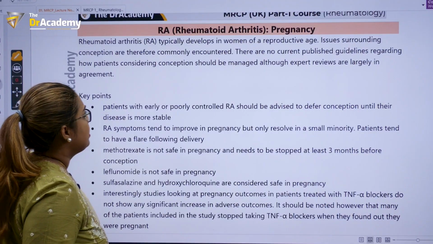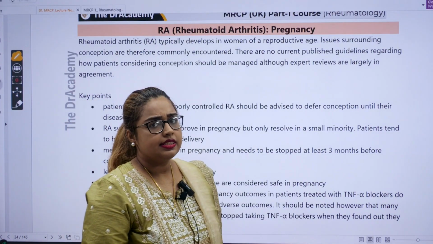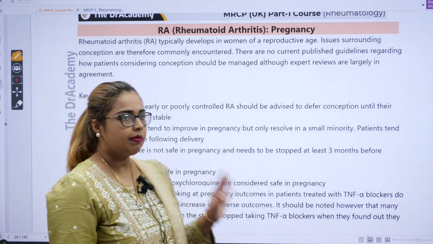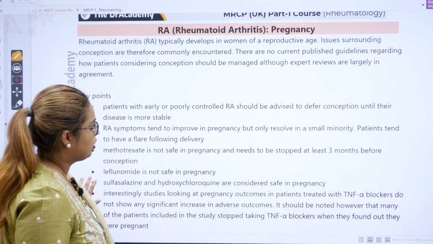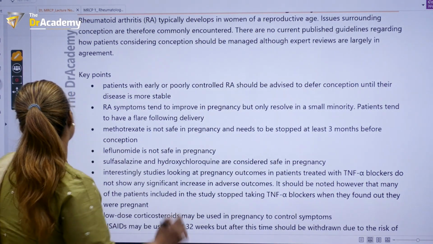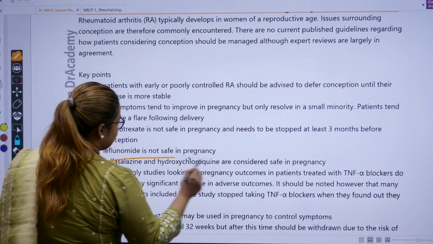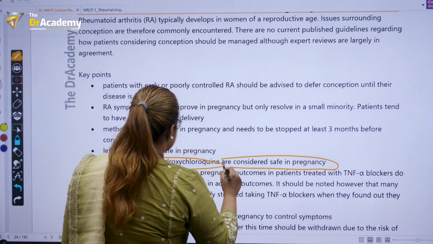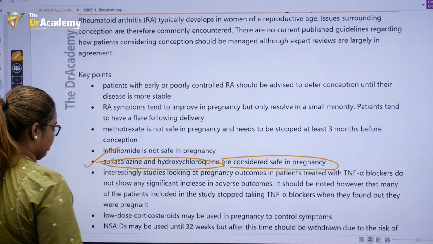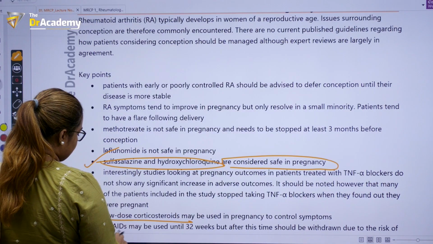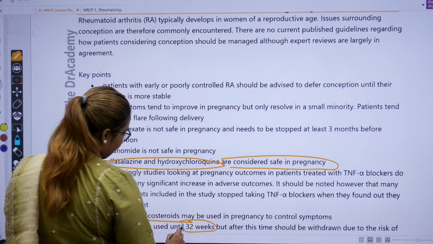Here just remember rheumatoid arthritis in pregnancy. Now for rheumatoid arthritis in pregnancy, which drugs are safe? Just remember hydroxychloroquine and sulfasalazine. These two drugs are safe. Okay, this line is important. Low dose corticosteroids can be given, and NSAIDs also can be given up to 32 weeks.